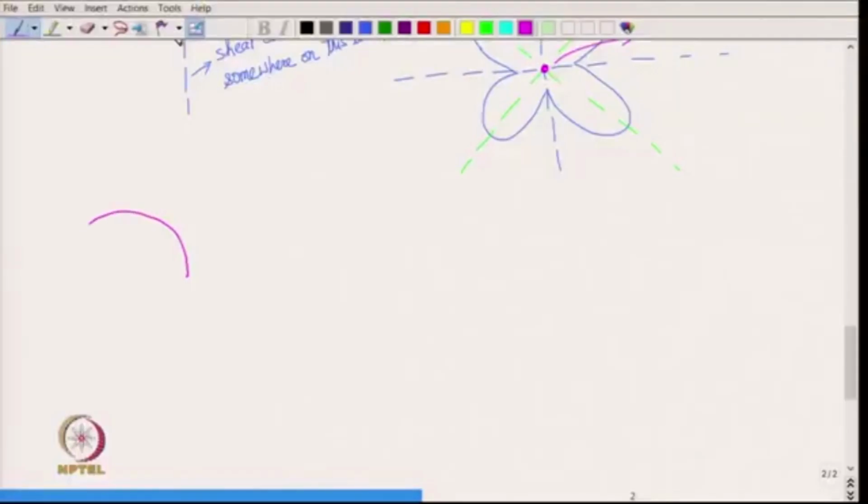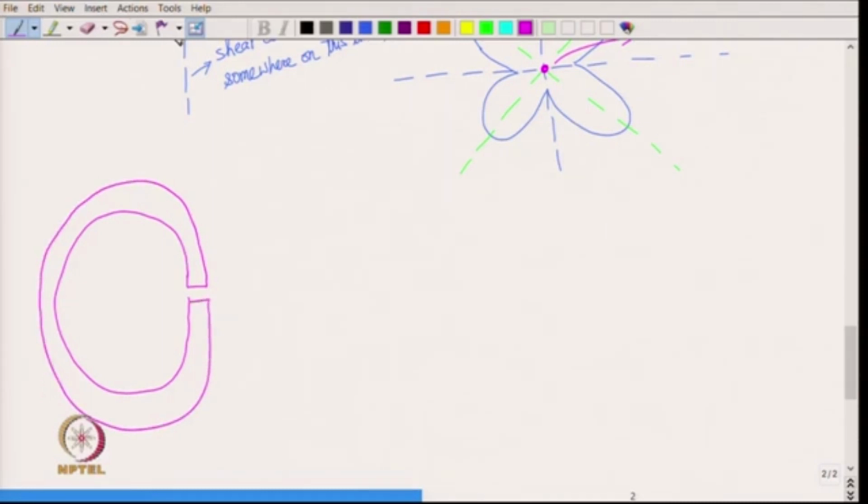Okay. Let us look at an even more interesting case. Suppose we have a cross section which has the shape of an annulus, but it is cut. Okay, so, it is a cut cross section. So, in this case we do not have more than one line of symmetry, there is only one line of symmetry, which is this one.